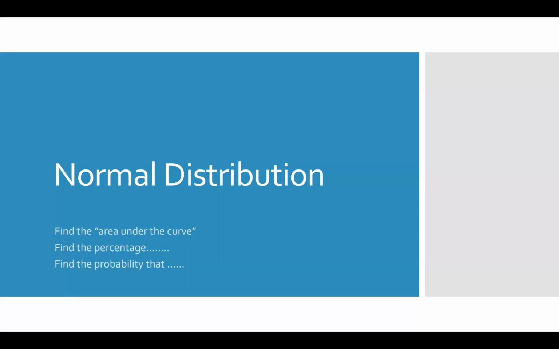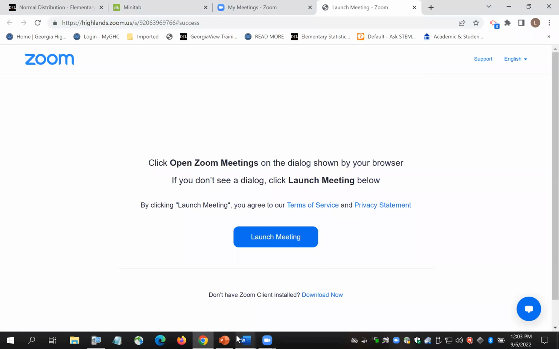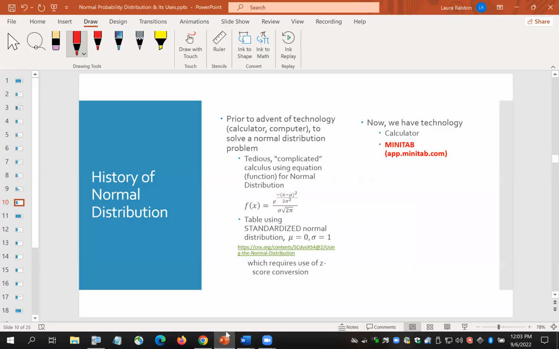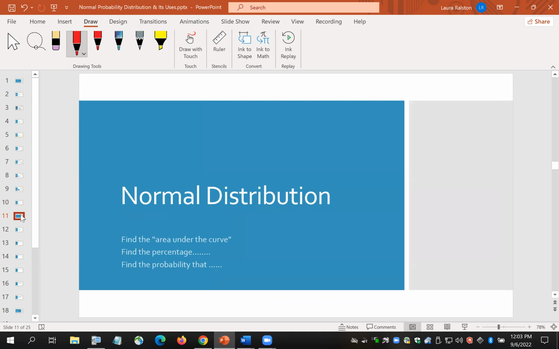I'm hoping we can talk a little bit about this normal distribution today, and if need be, we will finish it on Thursday and then also get into what is termed the inverse normal distribution. Okay, so do you have questions to this point?